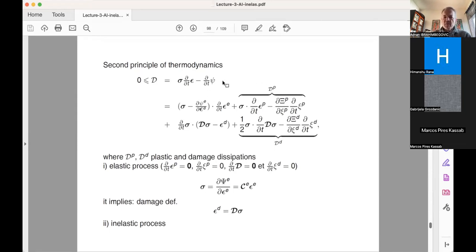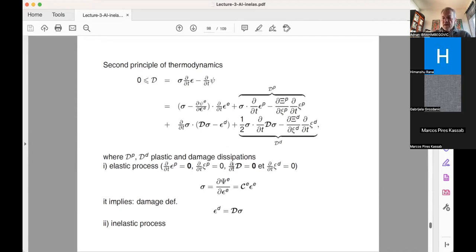And so basically, this is the definition of your second principle of thermodynamics. We have two types of processes. First of all, the elastic process, where all the internal variables are frozen: damage compliance, hardening variable for damage, plastic strain, and hardening variable for plasticity.